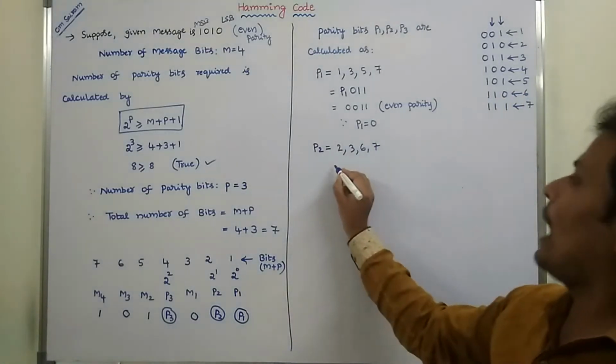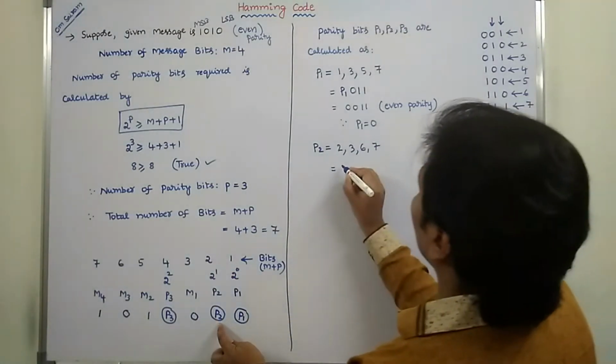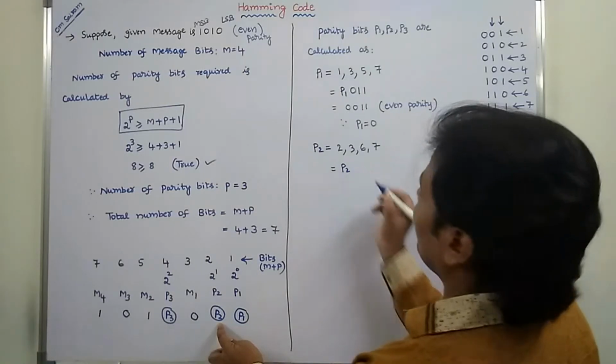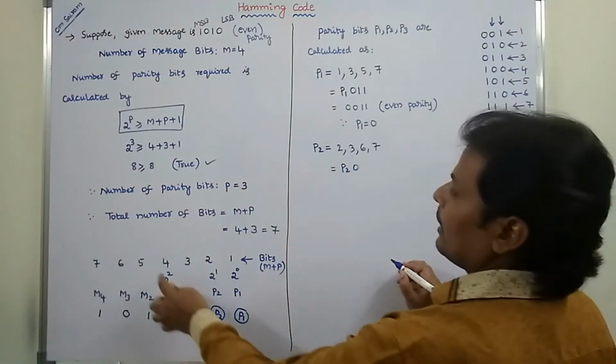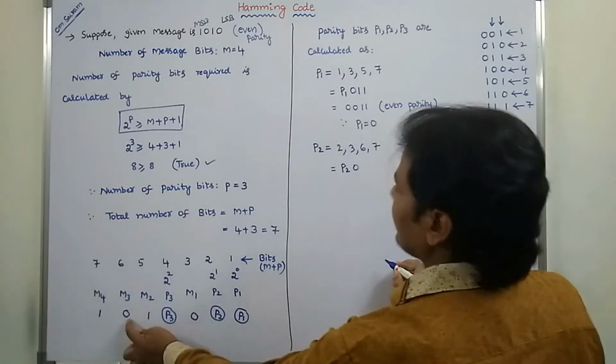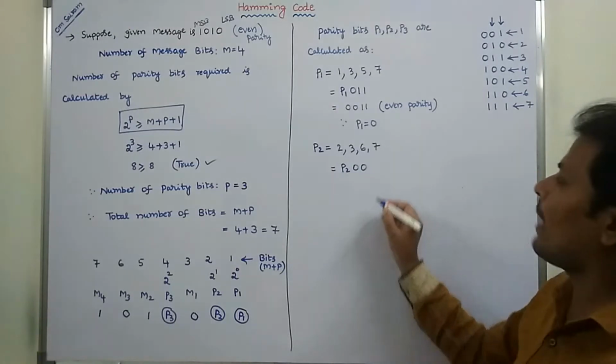So in the second position, what is the value there? That is P2. Next, in the third position, what is the value there? 0. In the sixth position, what is the value there? 0.